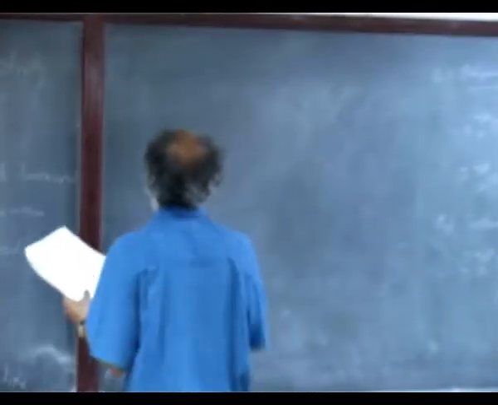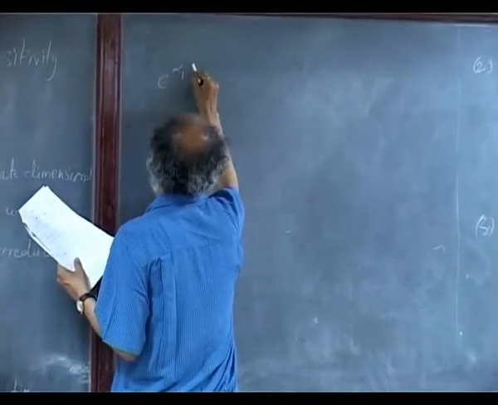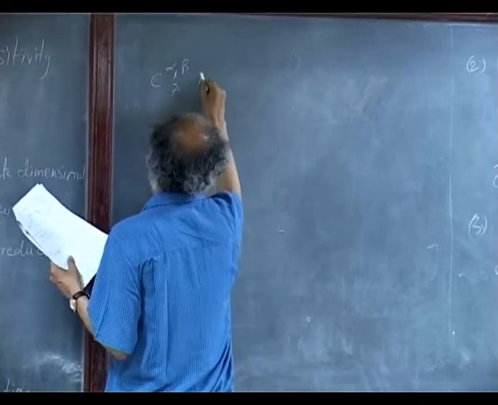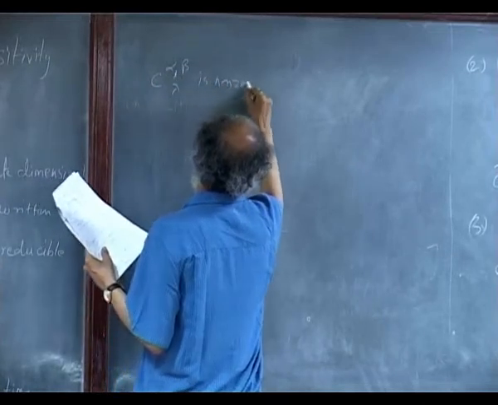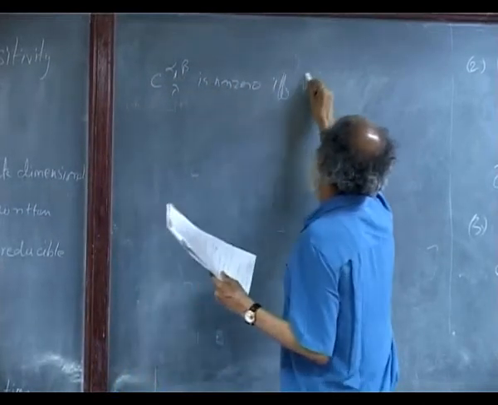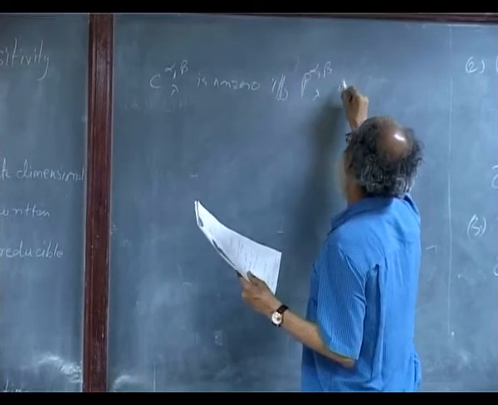That is the same as saying that C alpha beta lambda is non-zero if and only if P alpha beta lambda is non-empty.